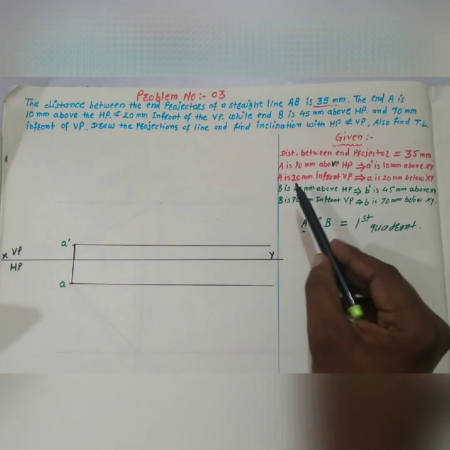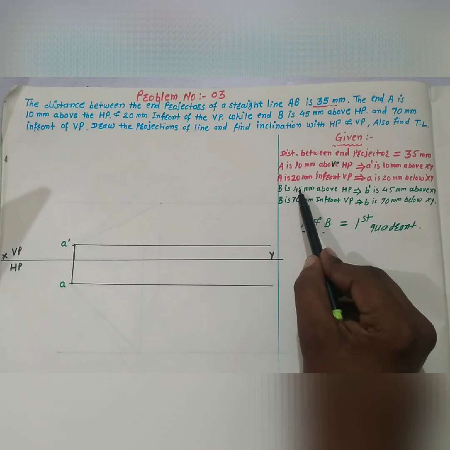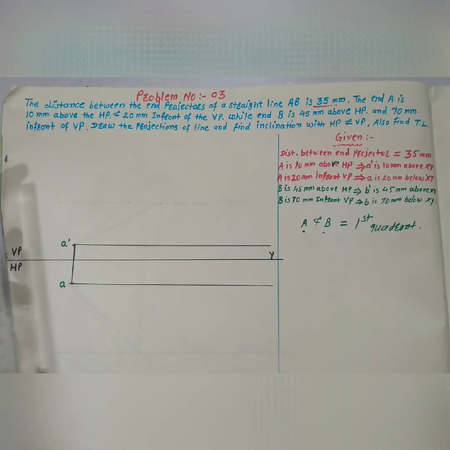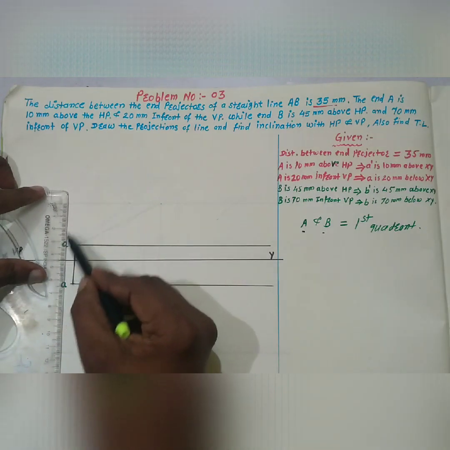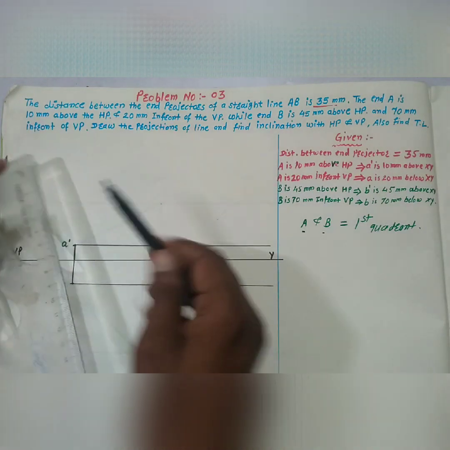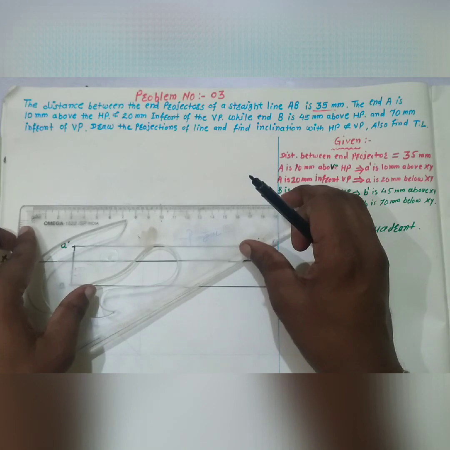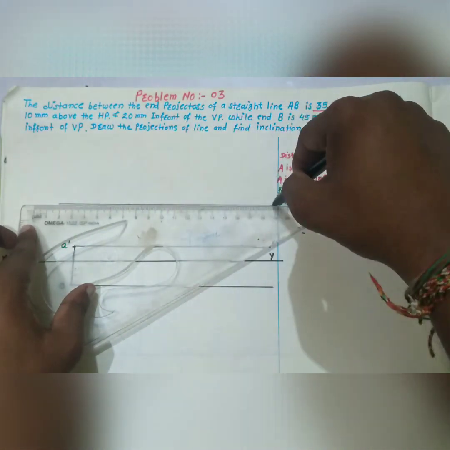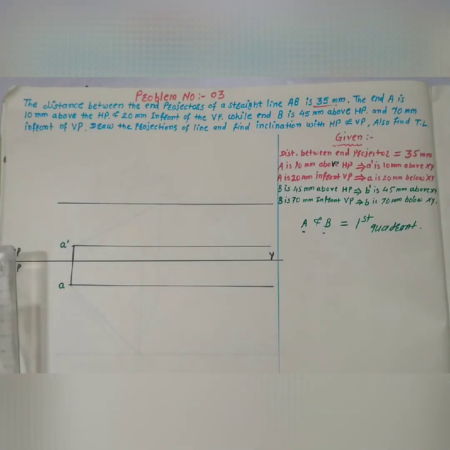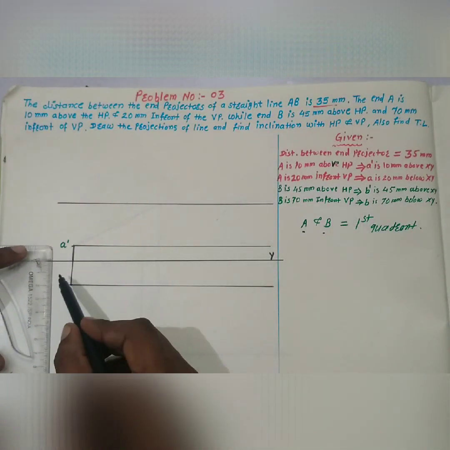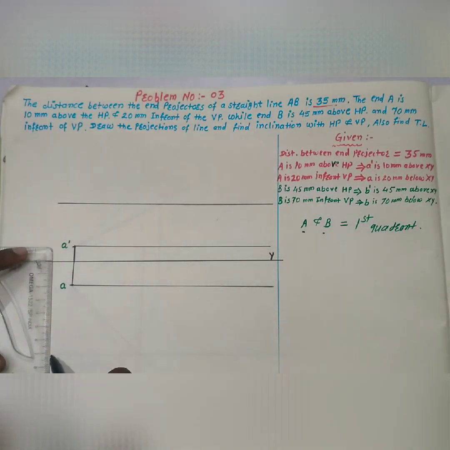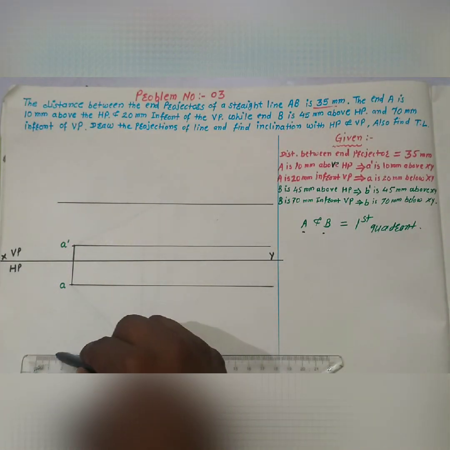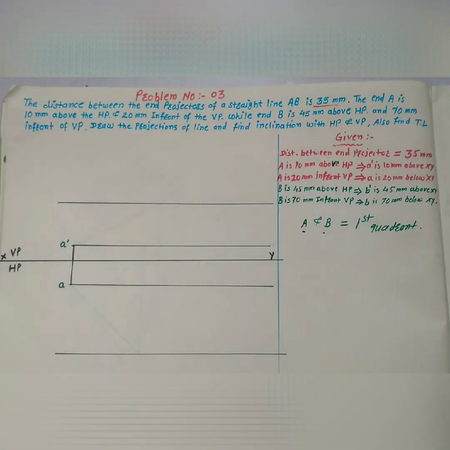Next, the location of B is 45 mm above XY and 70 mm below XY. Take 45 mm distance from the XY axis and draw one straight line parallel to the XY line. Similarly, measure 70 mm from the XY axis and draw another straight line, also parallel to the XY line.